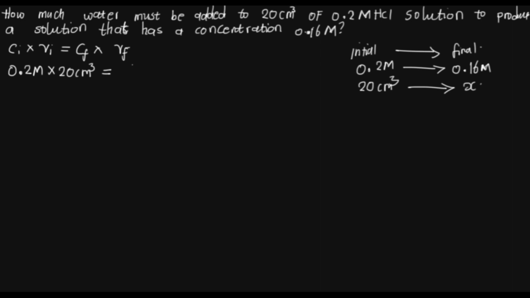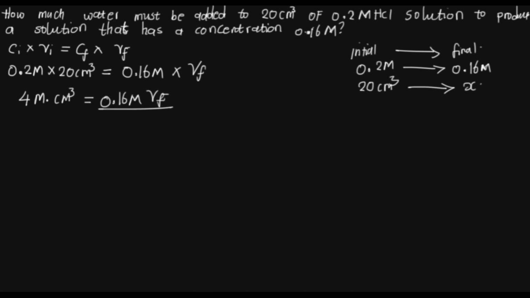So here now the final concentration is 0.16, right, times the final volume we don't know. So here we can see that we can multiply 0.2 times 20, we have 4 molarity cubic centimeters is equal to 0.16 M times Vf.